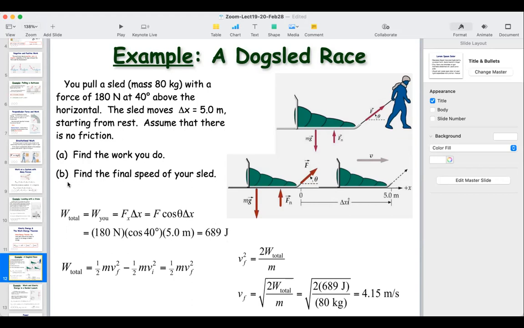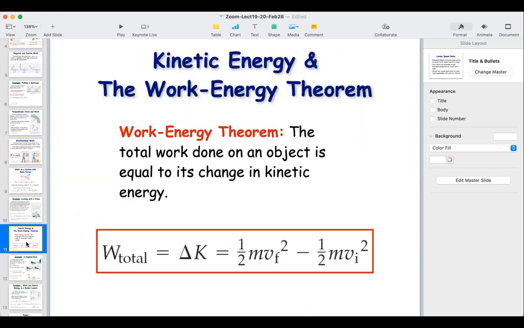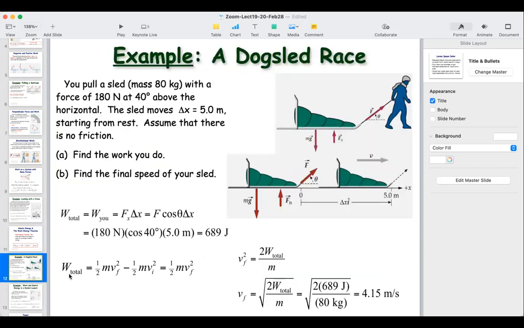In part B, it says find the final speed of your sled. To be able to find the final speed, you need to use the work energy theorem. You know the work, and you know that it is equal to the change in the kinetic energy. The kinetic energy is related to the velocity. So the total work is equal to 1/2 m V final squared minus 1/2 m V initial squared.